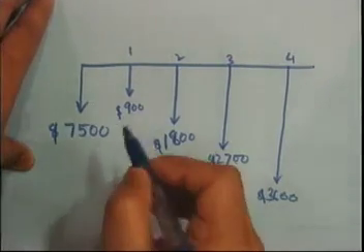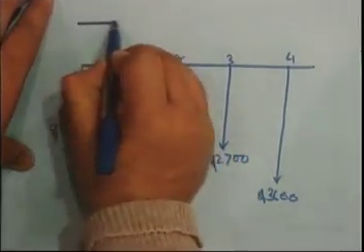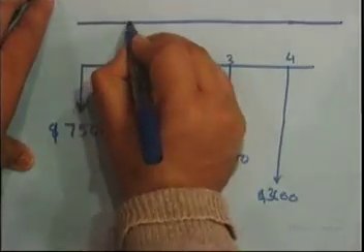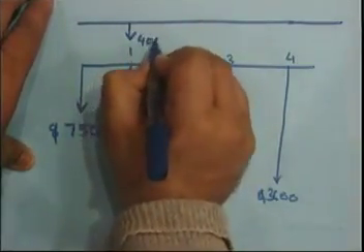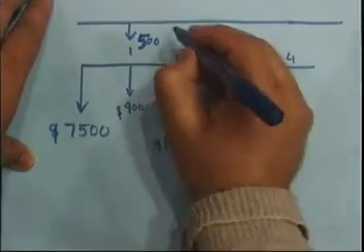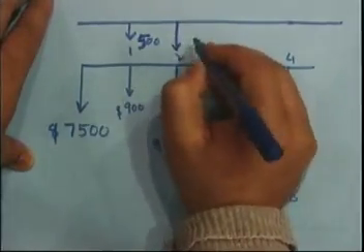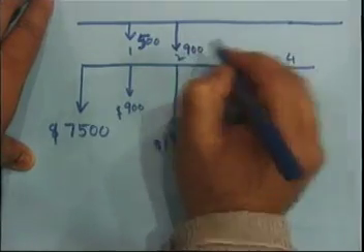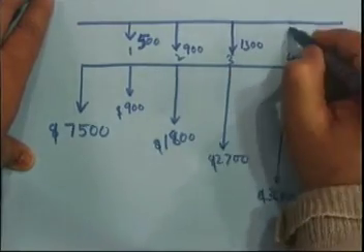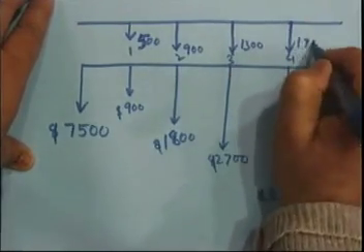Now, you are also given the operating cost, which for year 1 was $500, and it is also increasing by 400 every year. So, 900 here, 1300 here, 1700 here.